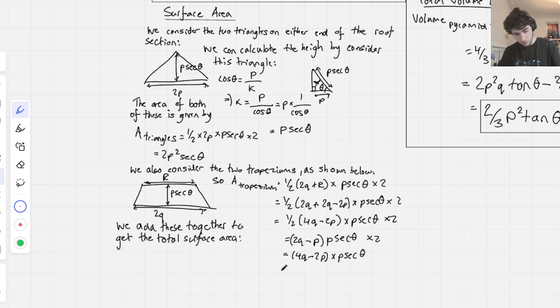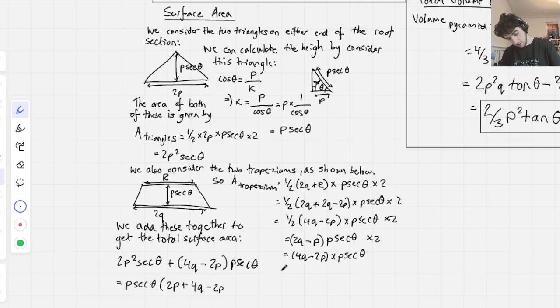So effectively what we have is 2p squared sec theta plus 4q minus 2p lots of p sec theta. So what's that going to be? Well, we can factor out a p sec theta from both of them, and then that's just going to be 2p plus 4q minus 2p.